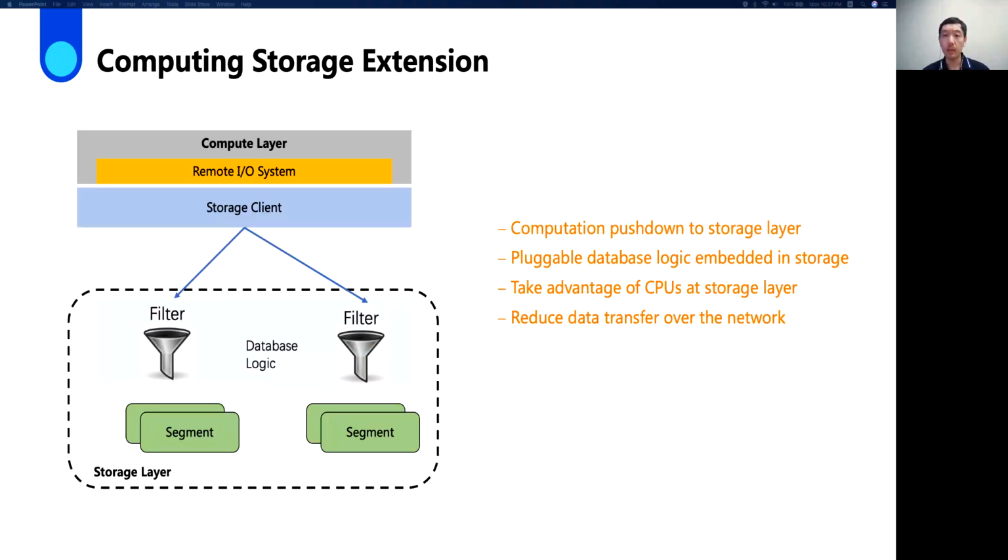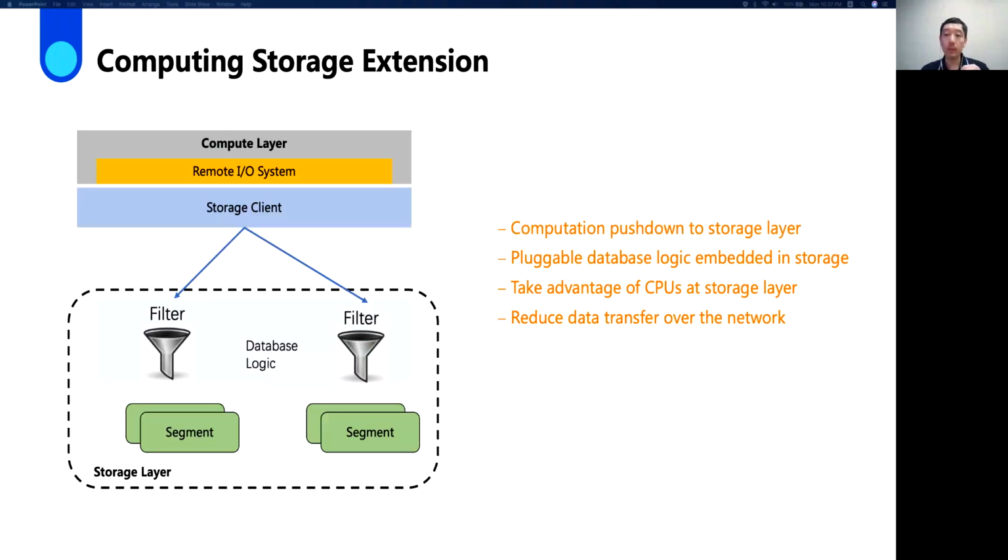The idea is that for rows that are not qualified for the predicate conditions, we can try to filter them out before sending back to the computing layer. This requires extending the computing storage functionality to support filter pushdown. Maybe we can also support aggregation operations as well.